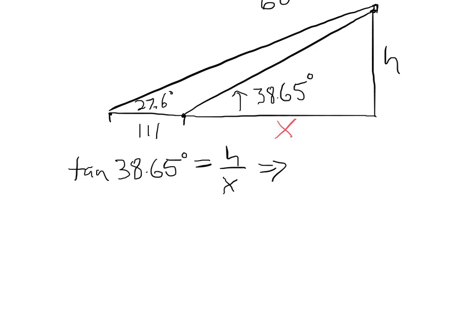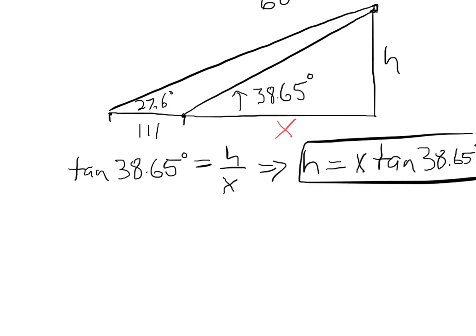Now solving for h, because that's what we're trying to find, we'll find h equals x tangent 38.65 degrees. We're going to need this, so let's make sure we highlight it.